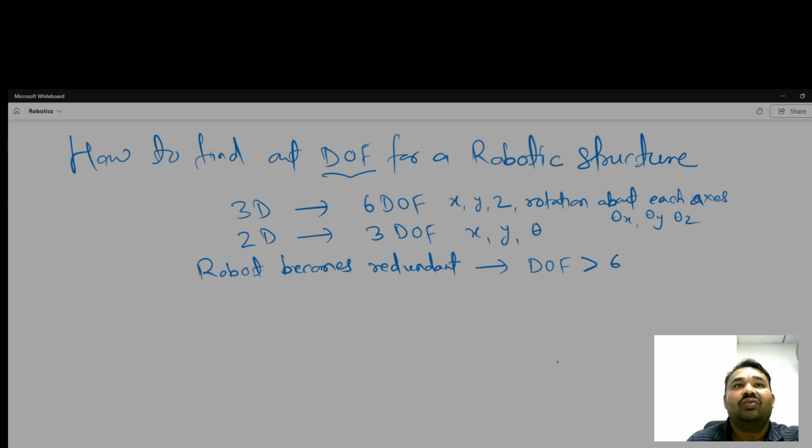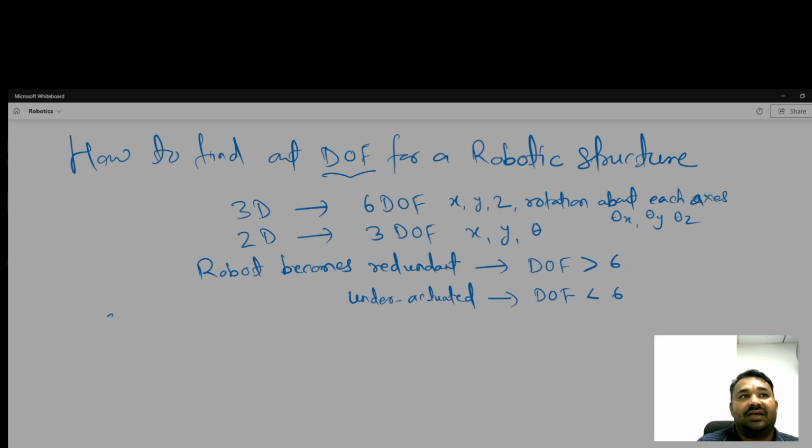And when does a robot become underactuated? When its degrees of freedom is less than 6, it becomes underactuated. So our focus now is how to find the degrees of freedom.